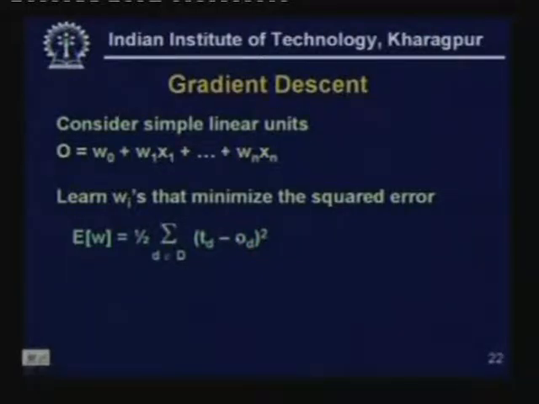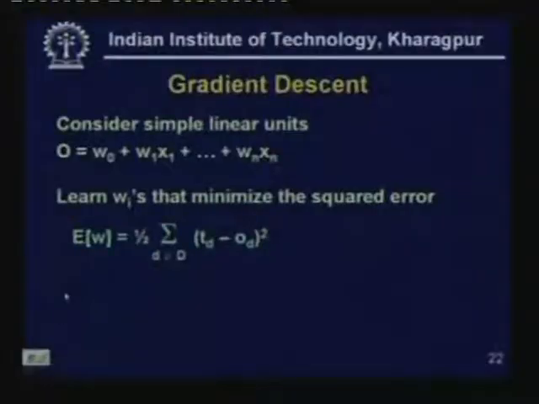So, the error is with respect to the current value of the weight vector. The weight values are the ones that we are trying to adjust. For a given value of the weights, we will have a given value of the error. As we change the weights, the error function will change. So, error is a function of the weights, and we use the following definition of error.